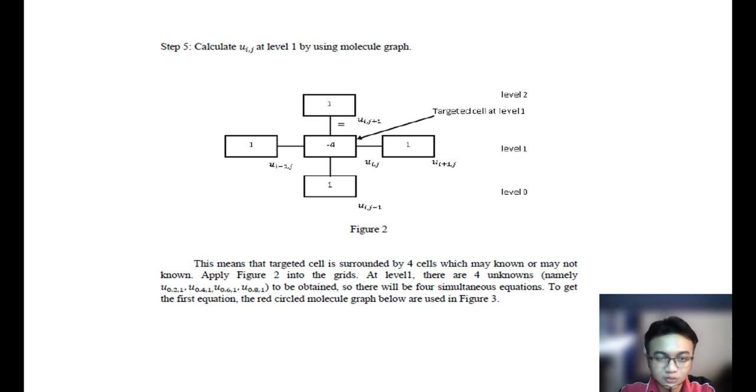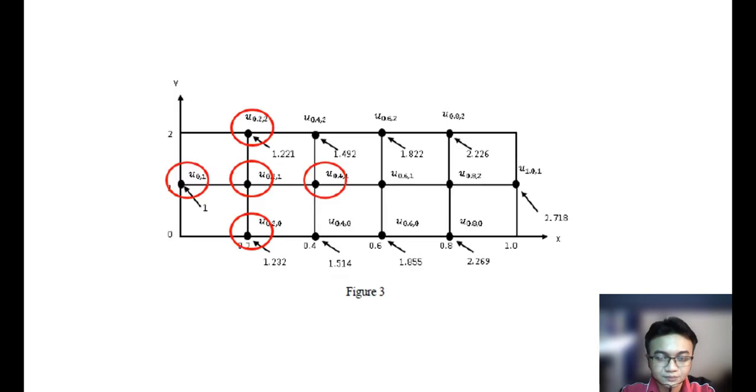To get the first equation, the red circle molecule graph below is used in figure 3. These are the circle diagrams on the grid, and we will use them to find the values.